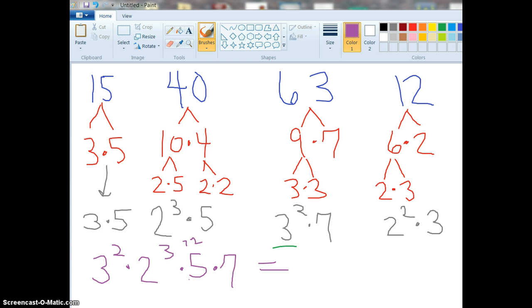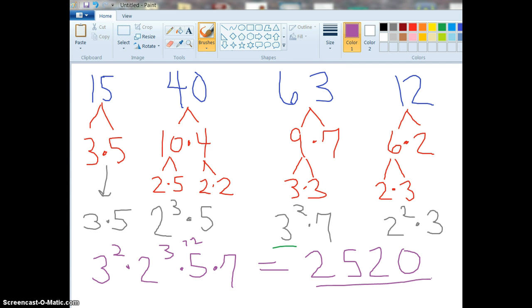And then finally, 360 times 7 will give us 2,520. So therefore, 2,520 is our least common multiple.